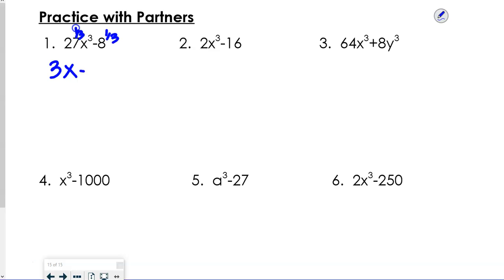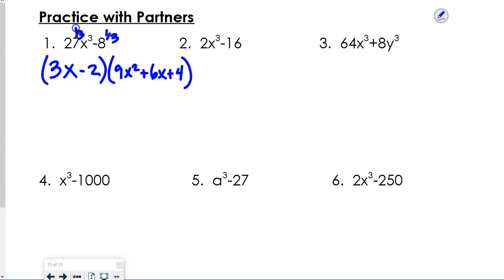That's going to give me minus 2. We're going to then square that. 3x squared is 9x squared. Multiply the two of them together. Remember, we're going to have a plus sign there because the first one had a minus sign. So this is going to be 6x when we multiply 3x times 2. And then 2 squared is 4.